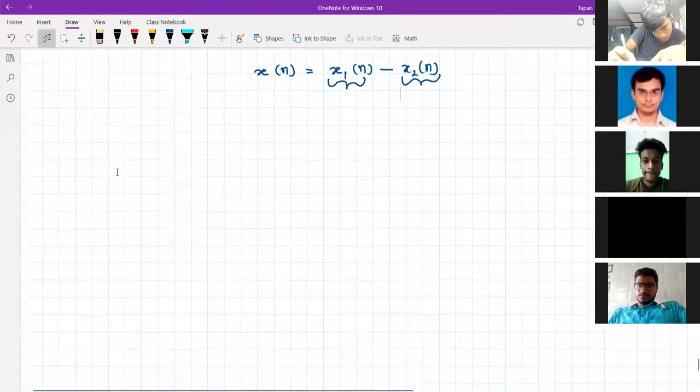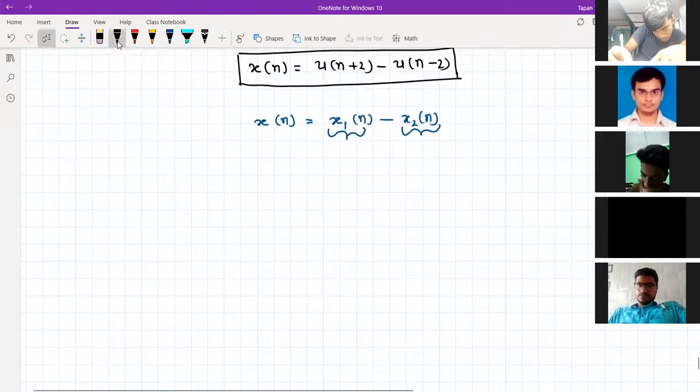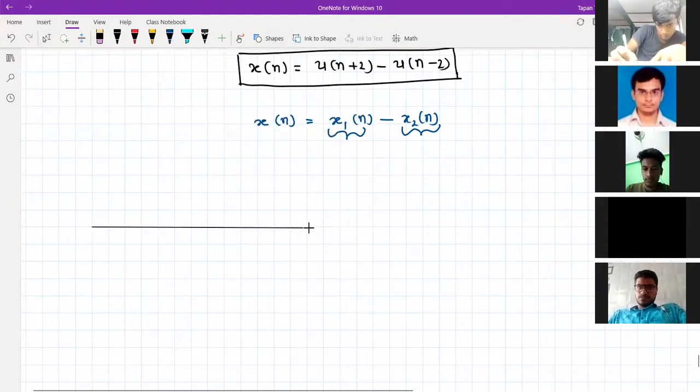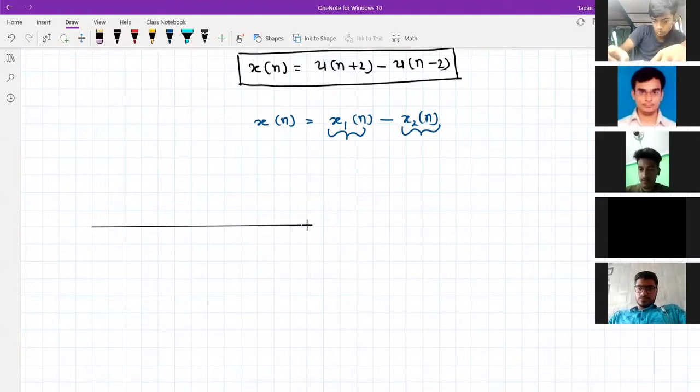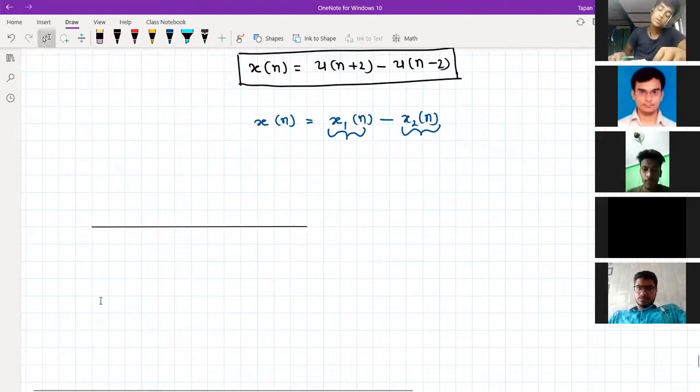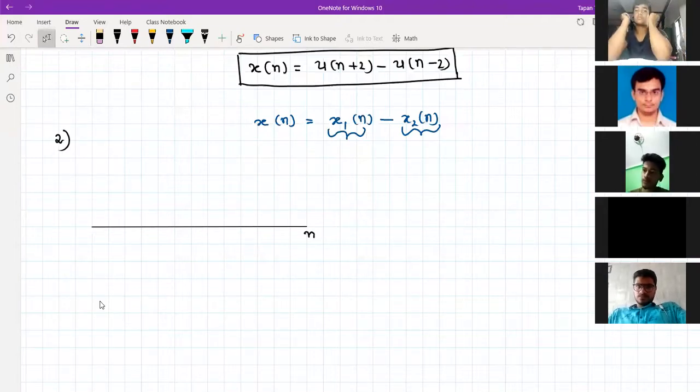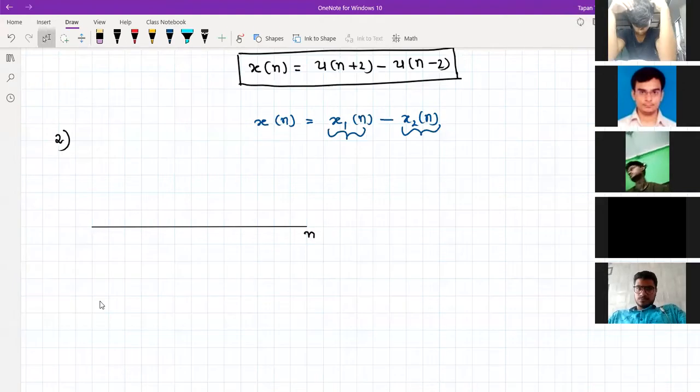Now the next problem is, it's like this. Here we have n. This is problem number 10. And here we have 0, 1.